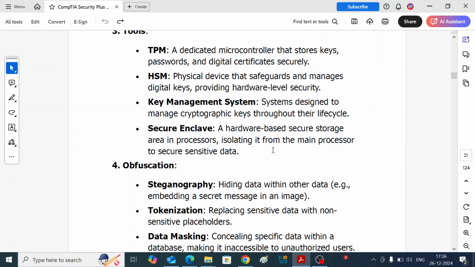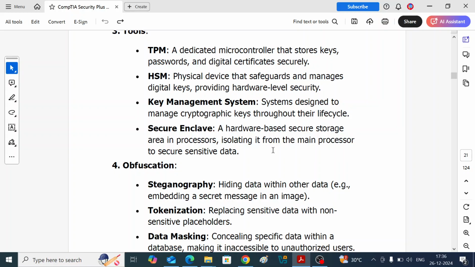So secure enclave, let's take an example. There's an army camp, and the whole army camp is secure for sure. But within the army camp you have certain places, certain bunkers which have to be more secure. Probably there is weaponry there or something of critical importance. So you isolate that area.